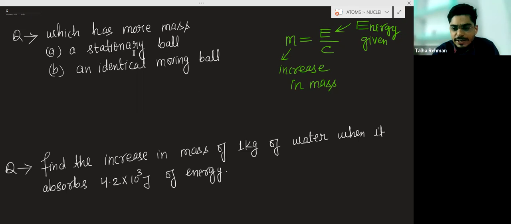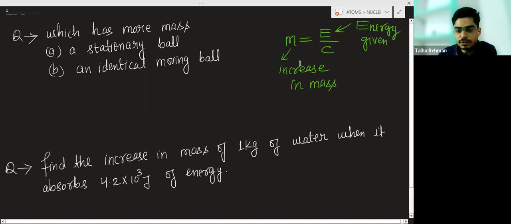But I am not taking into consideration that when something is moving, the mass will increase. That is a different concept: M is equal to m naught under root 1 minus v square by c square. That is a different thing. That way also you can solve this question. Very good. But we are solving in this way.